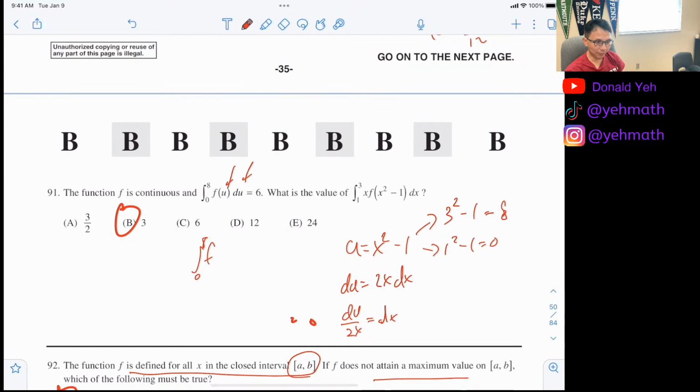So this one's f of u, right? And this one is gonna be x times du over 2x. So the x cancels out. So 0 to 8 of f u du, and 1/2, so you know that's equal to 1/2.